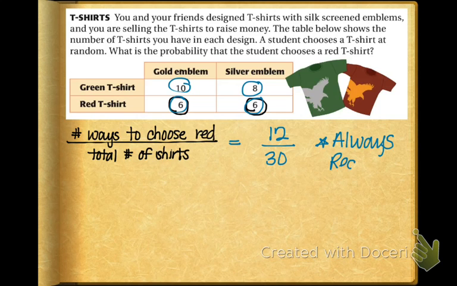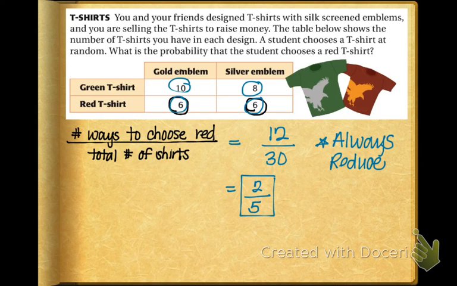Do not leave a fraction in a form that can be simplified. So can you think of a number that goes into 12 and 30? 6 would be a good one. If I divide 12 by 6, I get 2, and 30 by 6 would be 5. So there's a 2 out of 5 chance that a random drawing would give you a red t-shirt.